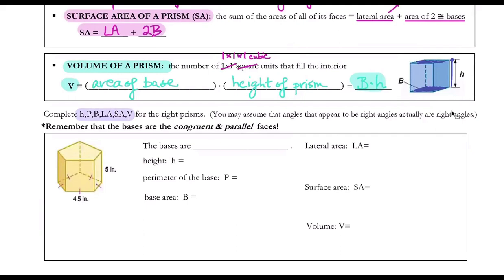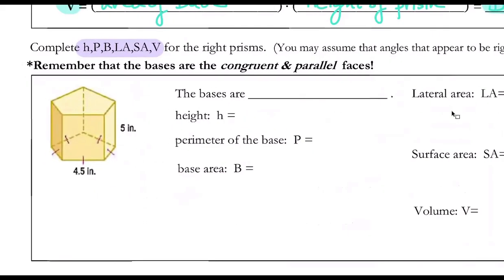When you're looking at these prisms, the first thing you want to pay attention to is the fact that the bases are congruent and parallel. That means we're going to have the pentagons here being our bases.